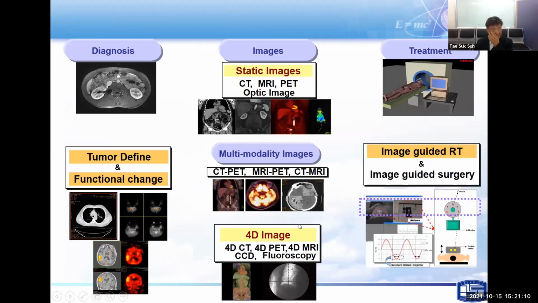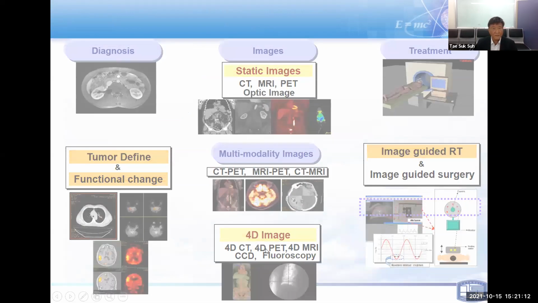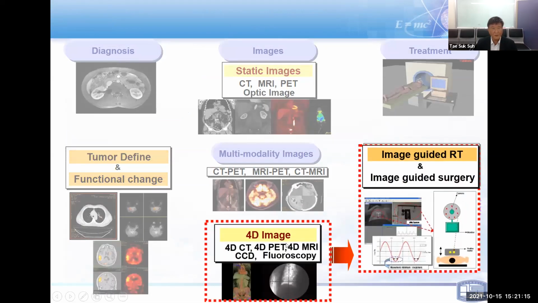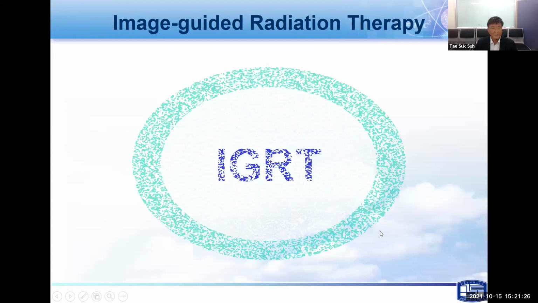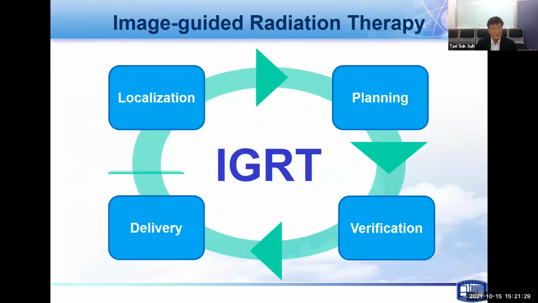So now I'm going to talk about the application of 4D images in radiation therapy, especially image-guided radiation therapy. Image-guided radiation therapy, IGRT, is based on the following 4 steps: localization, planning, verification, and delivery.